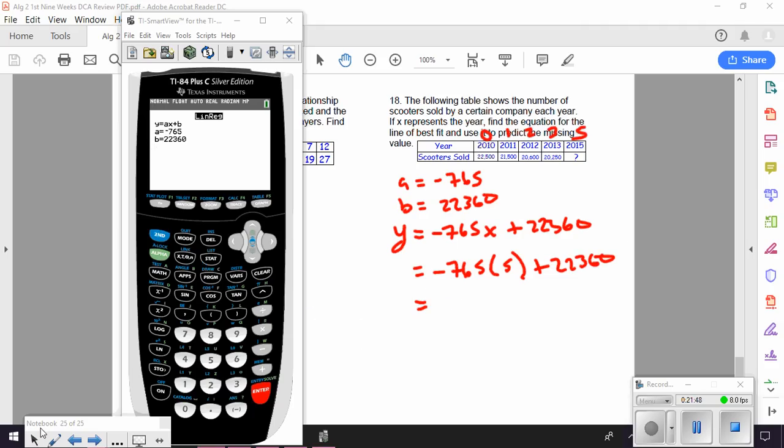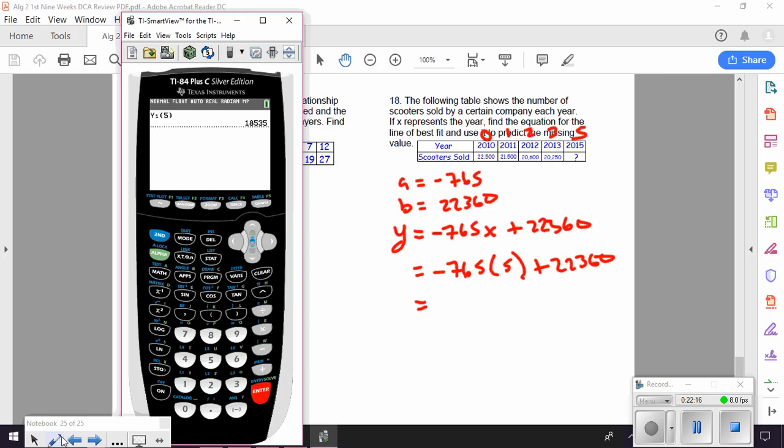Or you could hit alpha, trace, 1 to call the equation, parentheses 5. So you're telling the calculator, I want to use the y1 equation, and I want you to substitute x with 5, and then hit enter.